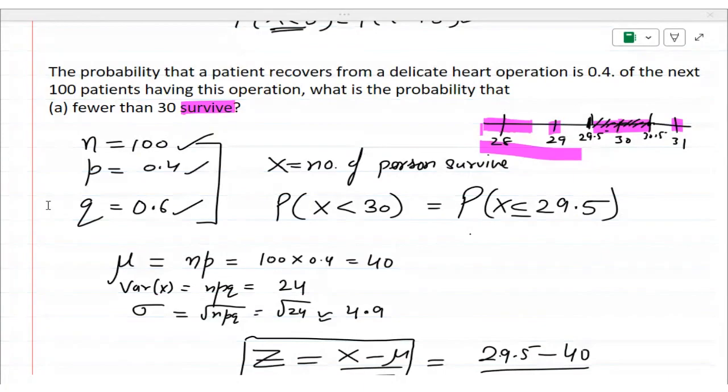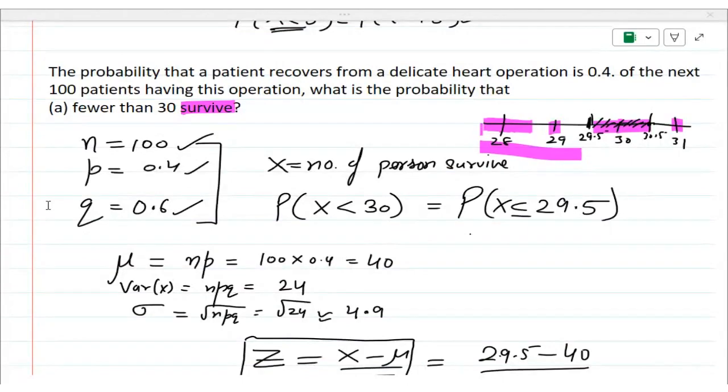Do not apply this concept of correction, that 30 means 29.5 to 30.5, everywhere. This is only and only for a question of binomial distribution which you are trying to do with the help of normal distribution. Otherwise, the lifeline is simple: Z is equal to x minus mu upon sigma.